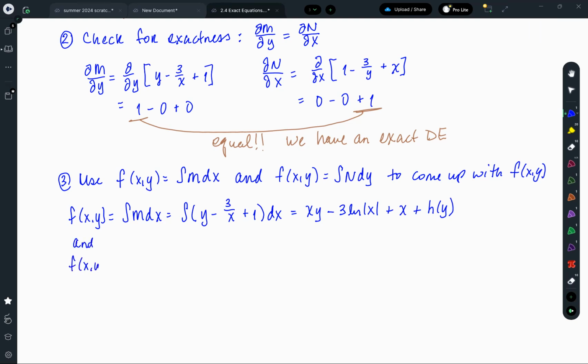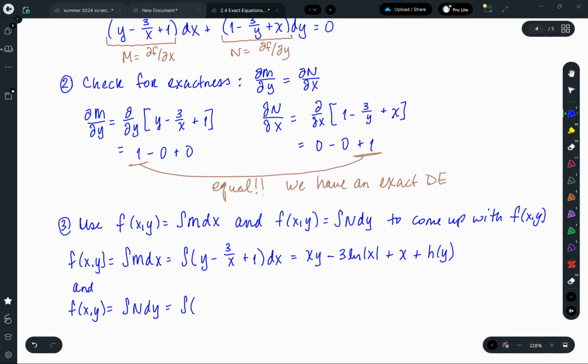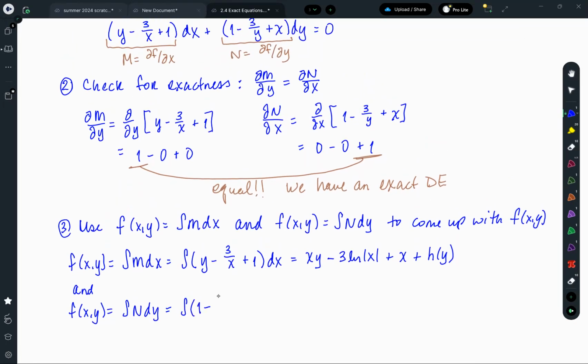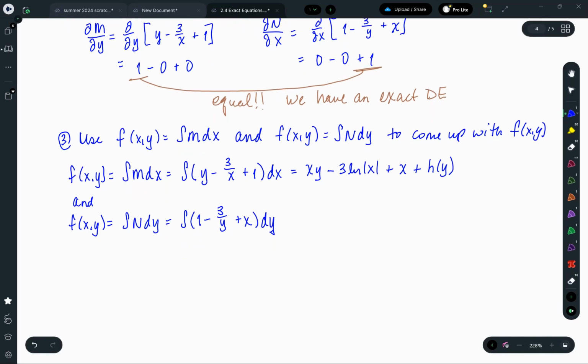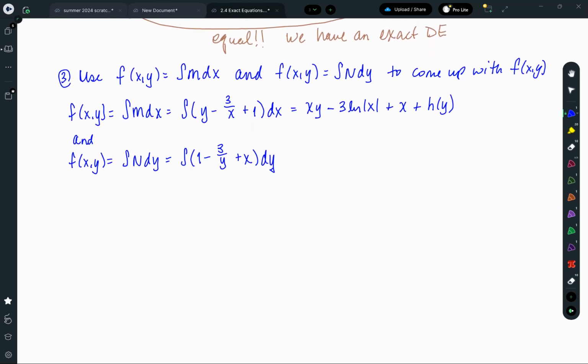Okay, and f of x, y is equal to the integral of N dy. And so we're going to integrate N, which is 1 minus 3 over y plus x, with respect to y. The antiderivative with respect to y of 1 will give me y.